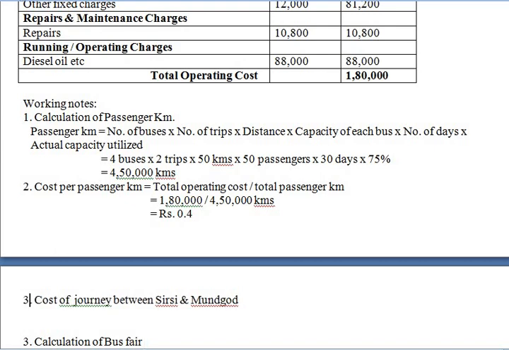Okay, so this will be our third working note. Now cost per passenger kilometer is 0.4 rupees, right, into kilometers is 50 kilometers. Okay, the distance between Sirsi and Mundugod is 50 kilometers. So which will be equal to rupees 20.